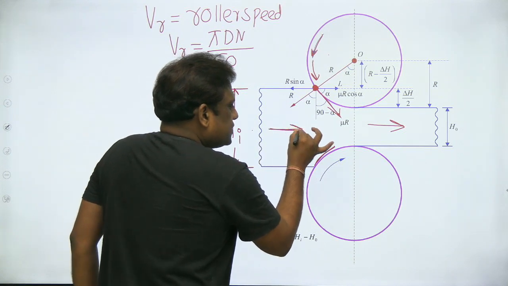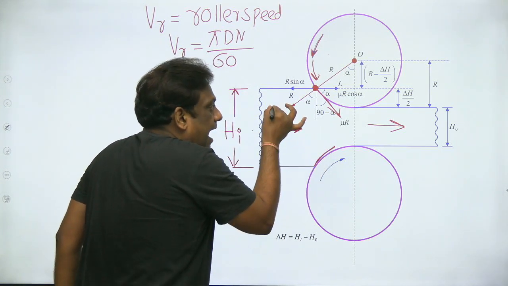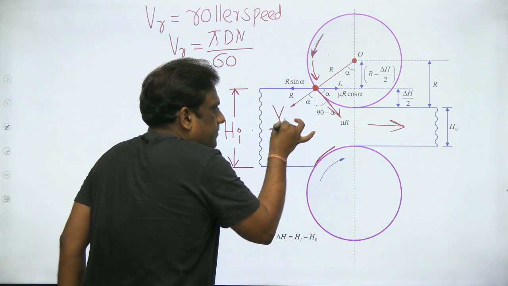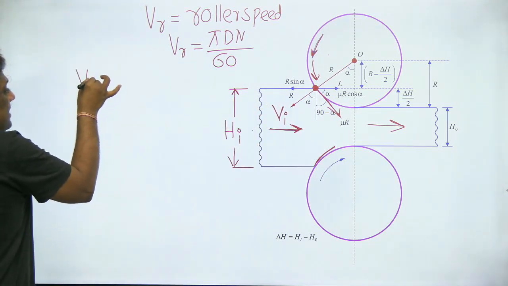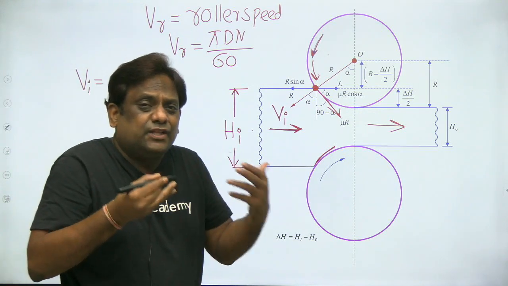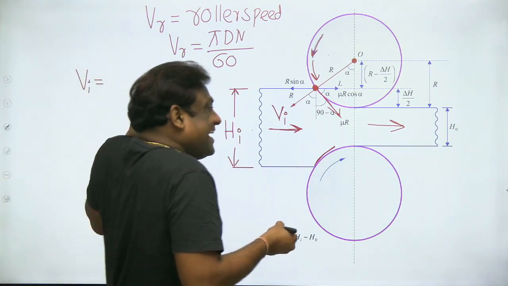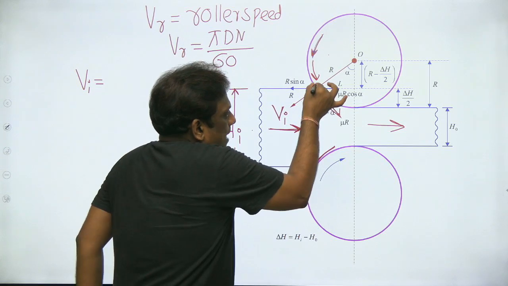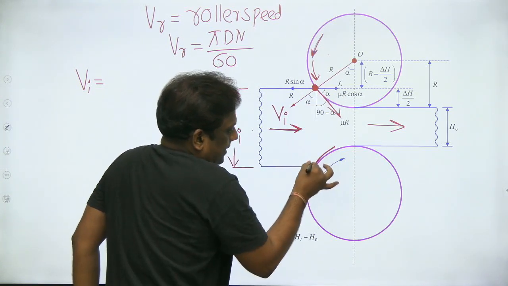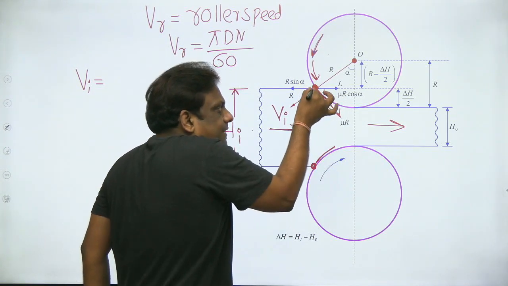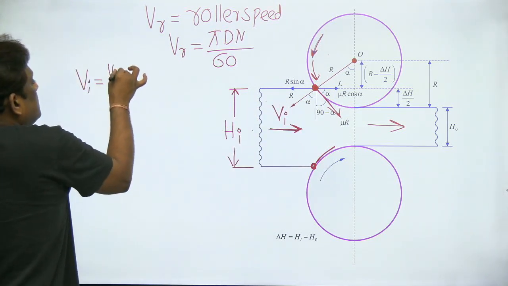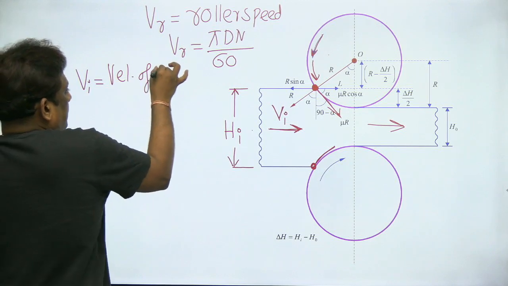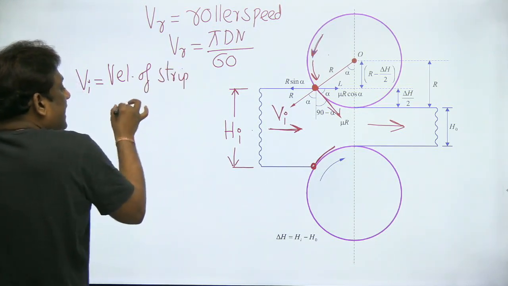Let the strip enter at a velocity vi. I repeat, vi is the velocity with which the strip is entering, at the contact. So let vi be the velocity of the strip at the inlet.